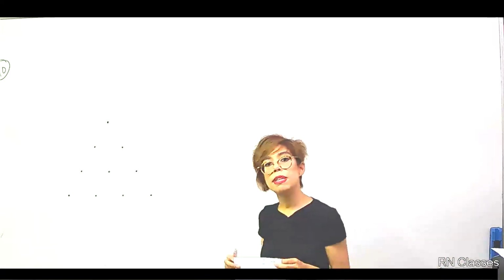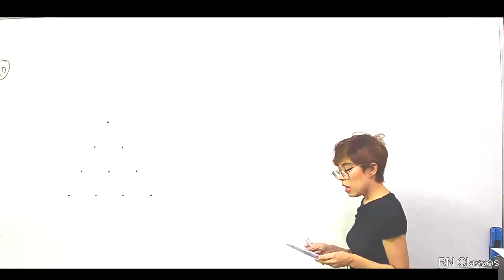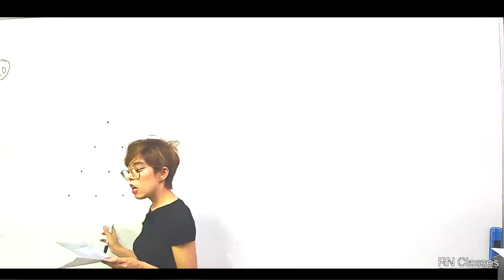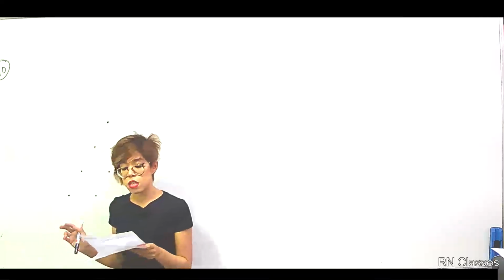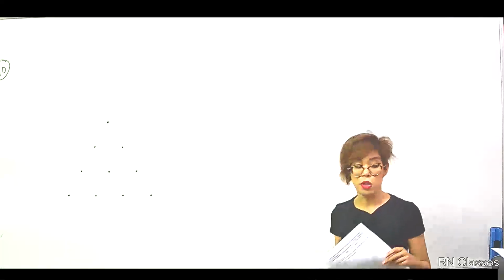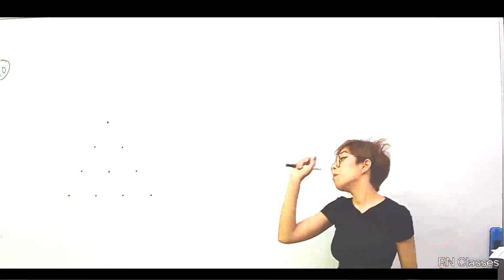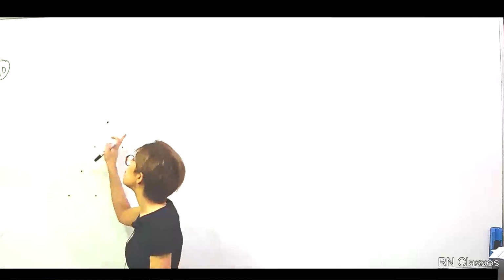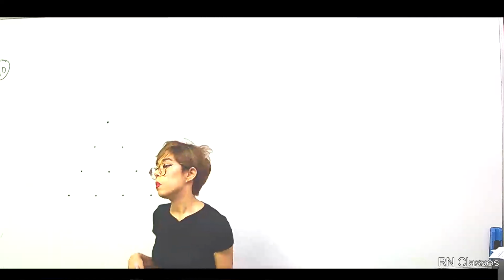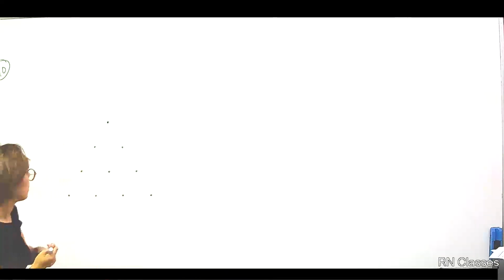Okay. So now we'll be discussing question number 10, which says, in the following array of points, count the number of circles passing through exactly 3 points. Okay. Number of circles passing through exactly 3 points, right? Okay, we have to make circles. How do we make them?